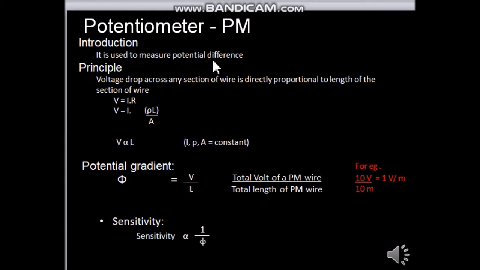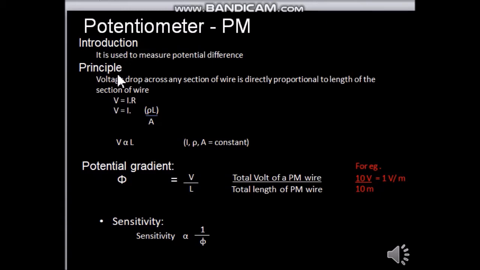So the length is important here. We have to understand how the voltage, that means potential difference, and length are connected. So first thing is principle, in which we will understand this interconnection. Let us see the principle.